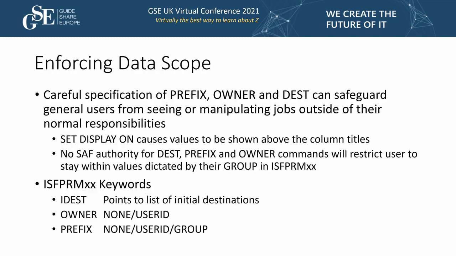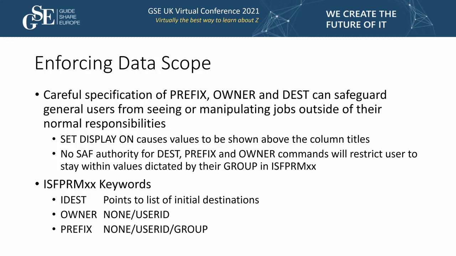So you have this combination of prefix, owner and dest. And if a user does not have the authority to issue those commands, they can't change what their defaults are. So who decides what their defaults are? Well, that's actually done in your group definition. The ISFPRM group keywords have these three keywords, IDEST, OWNER and PREFIX, and they dictate what the initial default settings are for each user in that group.